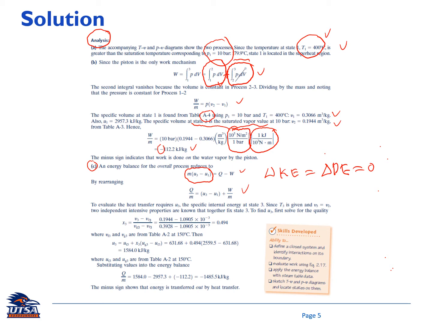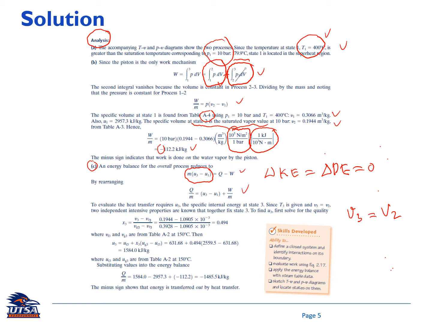In here, state 3, we know that it is obtained from state 2 when the system undergoes the process at constant volume. So it means V3 equal to V2.